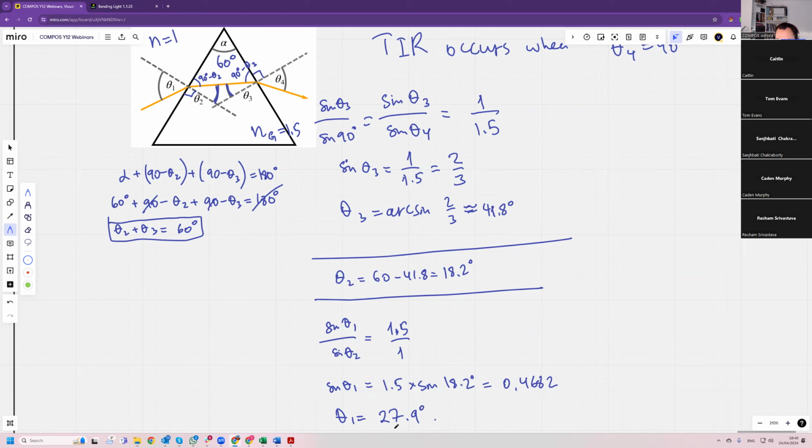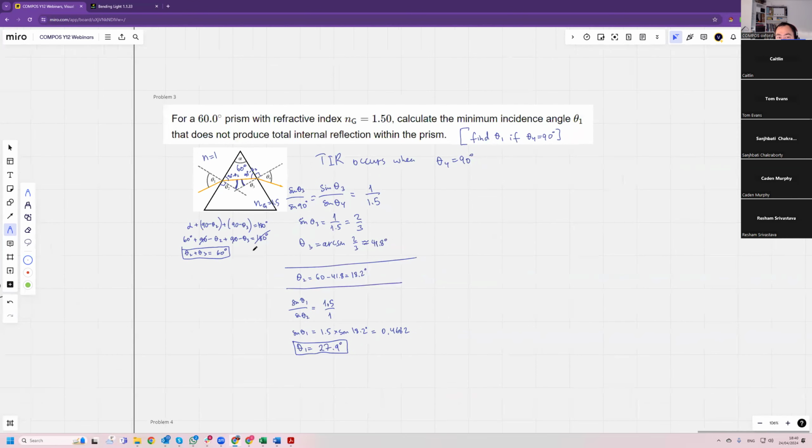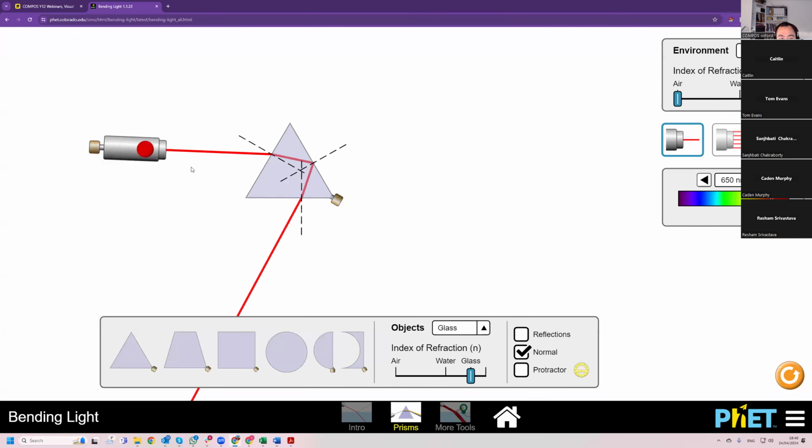Let's see if that actually makes sense. So it's about 27.9 degrees. That's my answer. That's the angle at which the prism will go to TIR, total internal reflection.